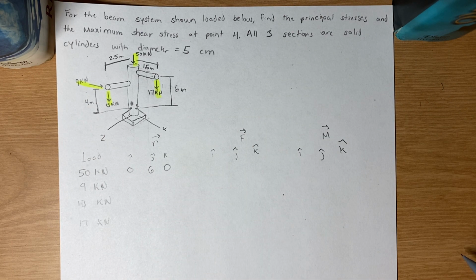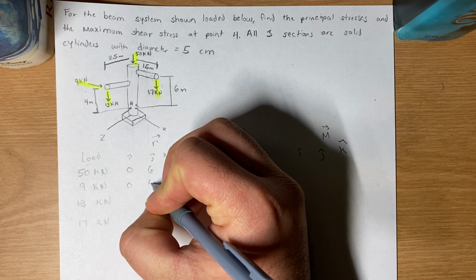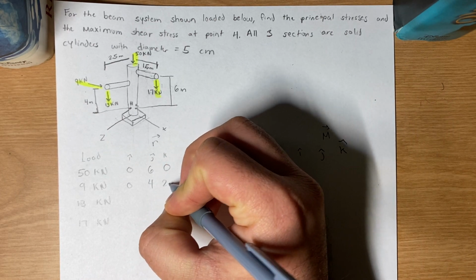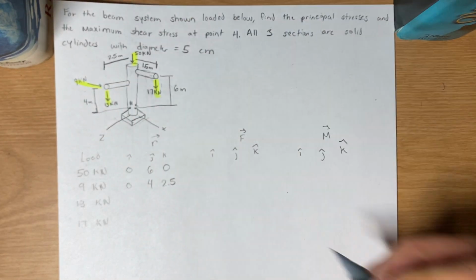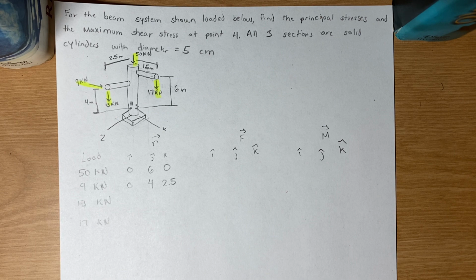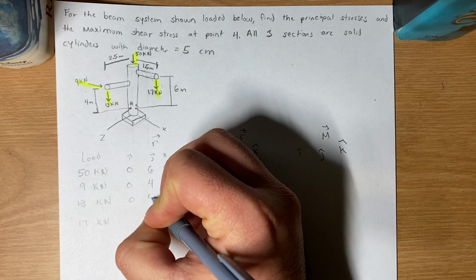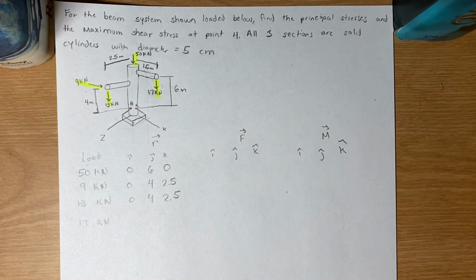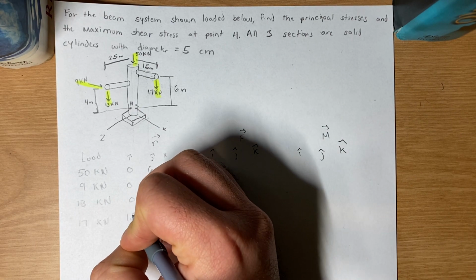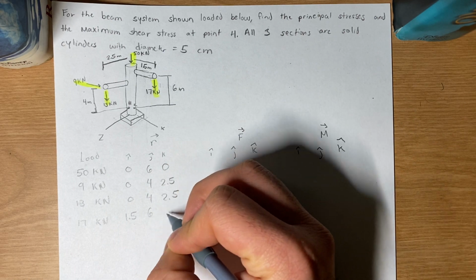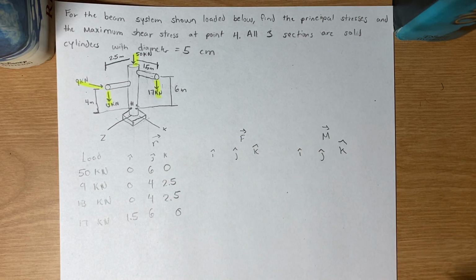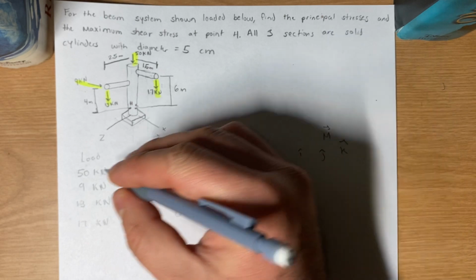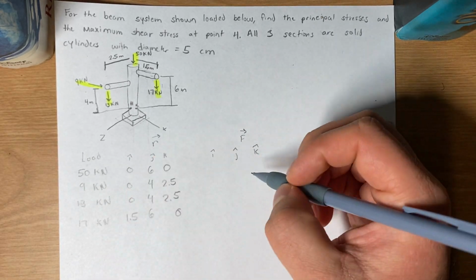For our 9 kilonewton load, we have 0, 4 meters, and then 2.5 going out. For 13, it's the same: 0, 4, 2.5. Our 17, we have 1.5 meters, 6, and 0.